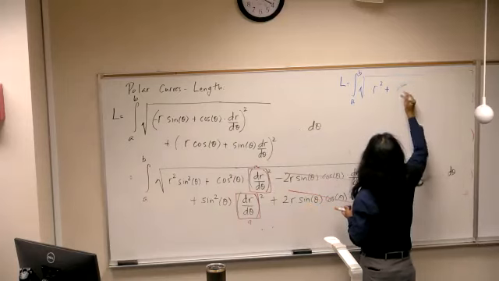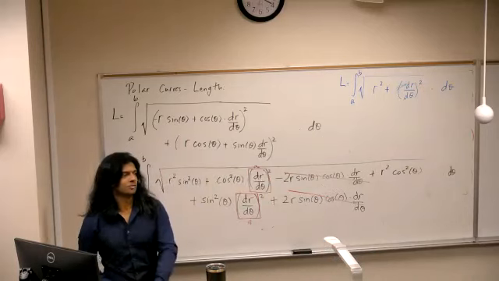But A is nothing but dr over d theta squared. And that is the formula for length.